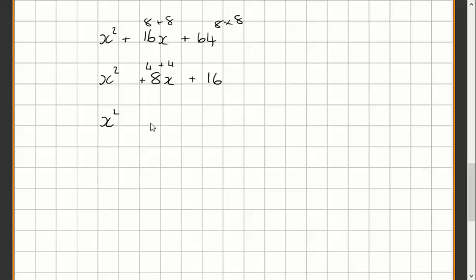Ollie, x squared minus 22x. Light bulb moment coming on down here.